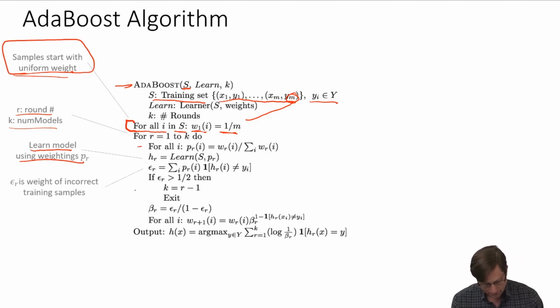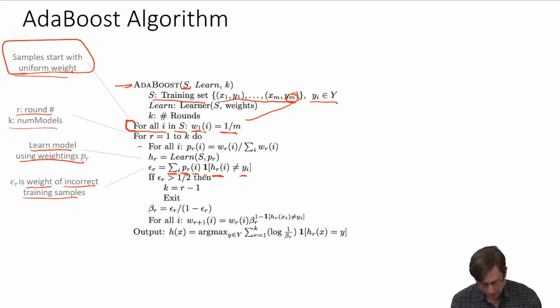And this is a great way to say it. It is the sample weight of incorrect training samples. And the way you calculate that is you sum over all the training samples and you take the weight of that sample in the current round, and multiply it by 1 if the hypothesis is not correct.